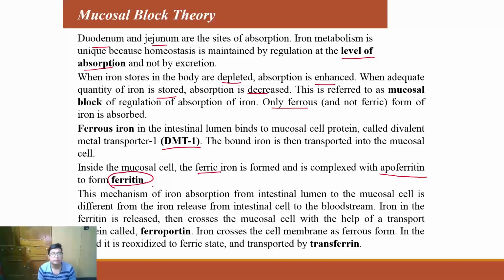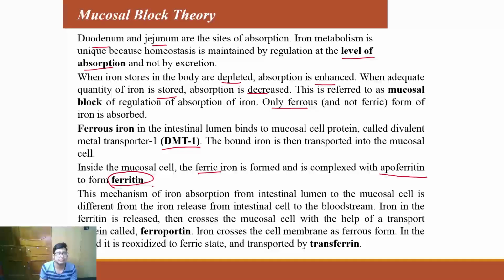Now, this is not just the end. We need iron for our body, right? So next, what happens? The iron needs to be released into the bloodstream. From intestinal cells, it needs to go to the bloodstream when required, and that mechanism is actually different. How does it happen? First, the iron in the ferritin is released whenever there is a need.